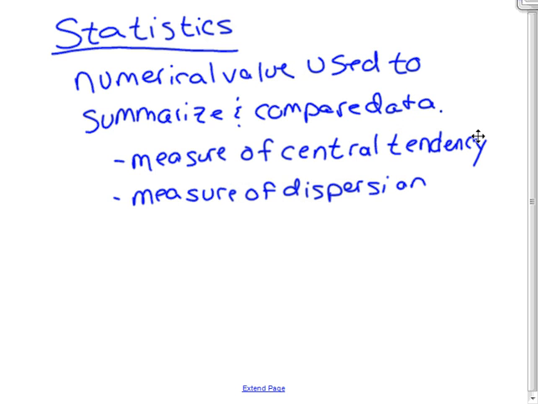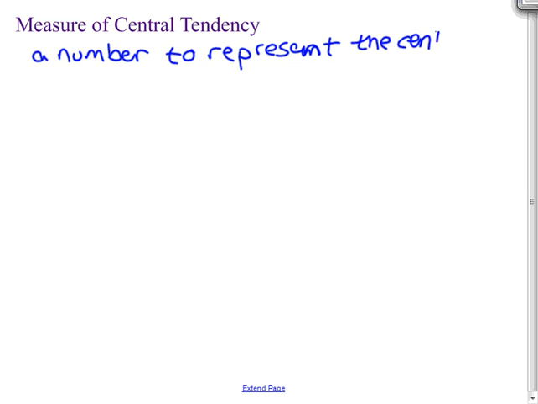So, measure of central tendency. The measure of central tendency is a number to represent the center or middle of a set of data.